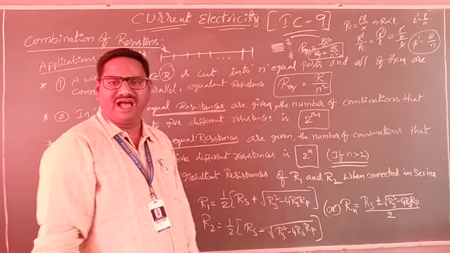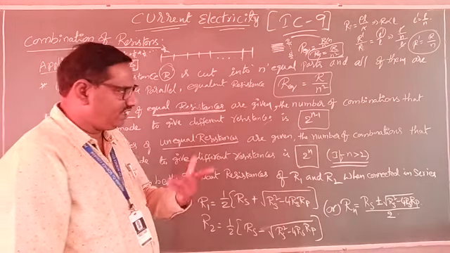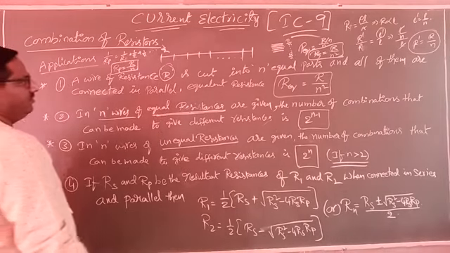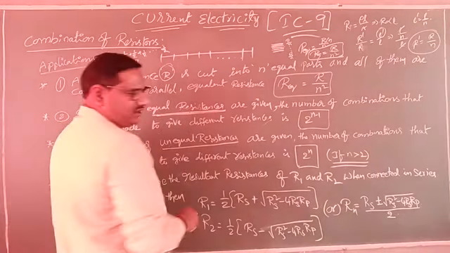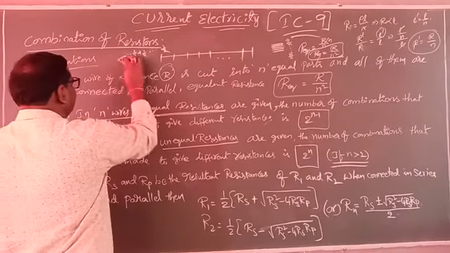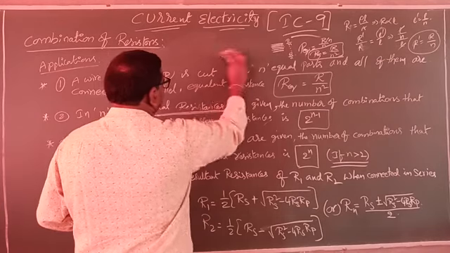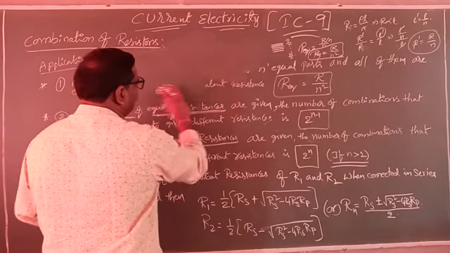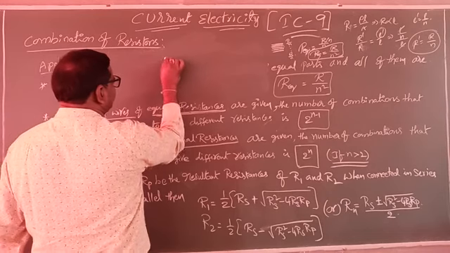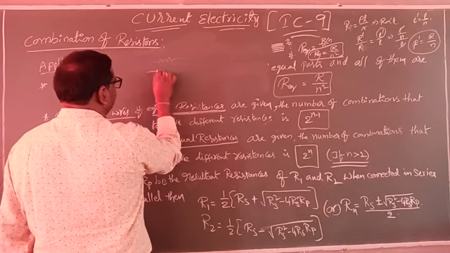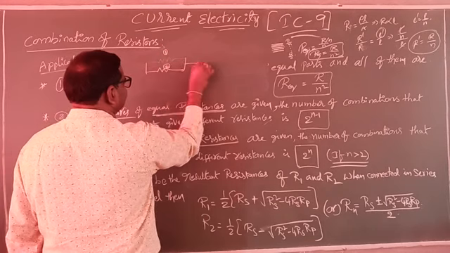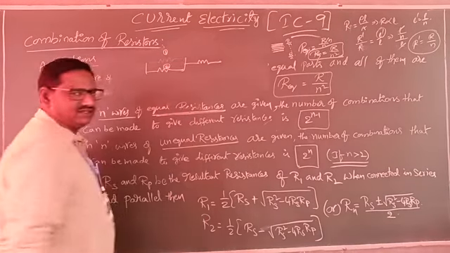For example, if you have 3 wires, I will arrange two wires like this: this is the first wire, this is the second wire, and the third wire I will arrange.